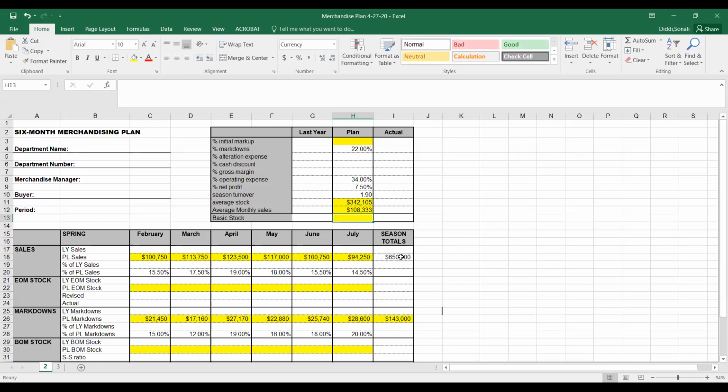And then your basic stock is going to be average stock minus average monthly sales.